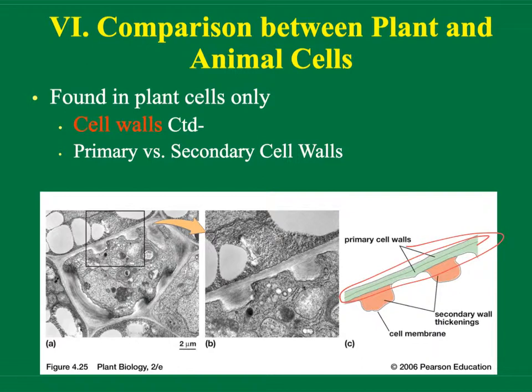When we talk about secondary, these are laid down inside the primary wall as cells mature. And this is where lignin may be added to the walls of these water-conducting cells, and it makes them impermeable to water. So this second wall, it's thickening it, and the lignin is also kind of a protective action.